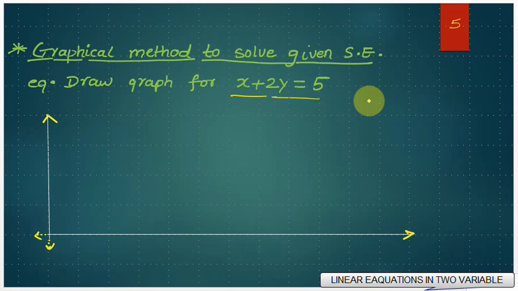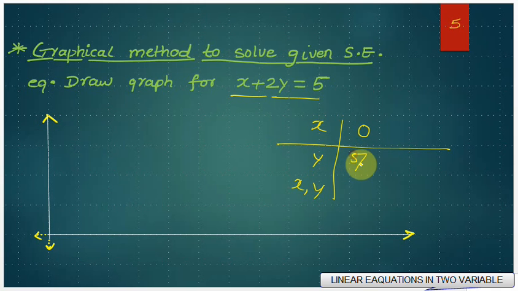In the last example, we have discussed how to take points. Take x, y, (x, y). Put the value of x is equal to 0. What will be y? y is equal to 5 by 2. So the point will be (0, 5 by 2), which is 2.5.